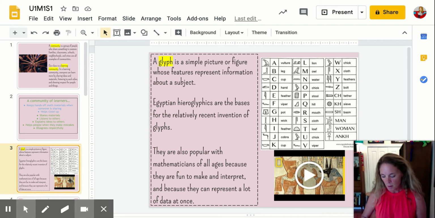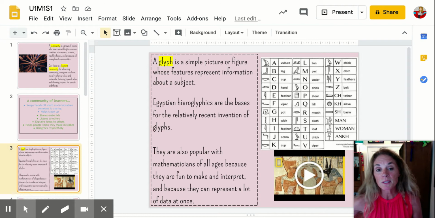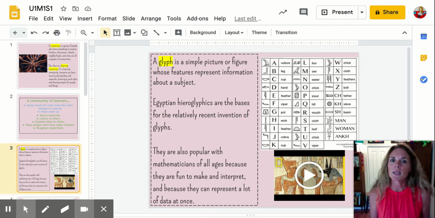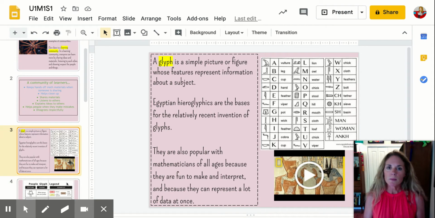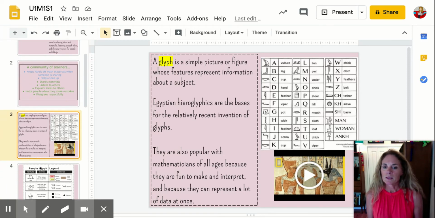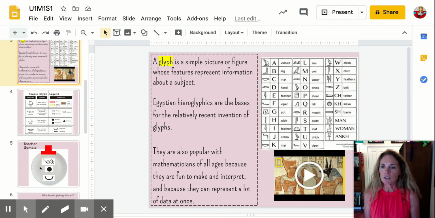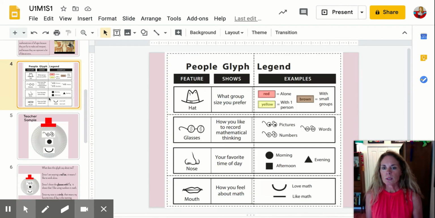Oh, the make your own monster, all about me monster. That was a glyph. So today we're going to create a different glyph that will teach other people how you learn as a mathematician. So we're all mathematicians, and we're going to look at this.